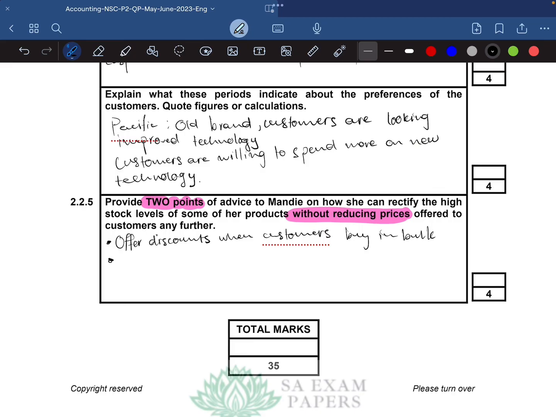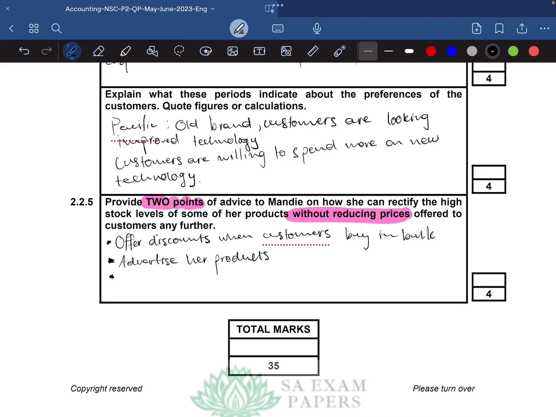Okay, that could be a point. She could also extend her target market by advertising. So advertise her products. They said two, but I'm going to give a little bit more answers, so that when you're working on other questions you can think of these answers too.